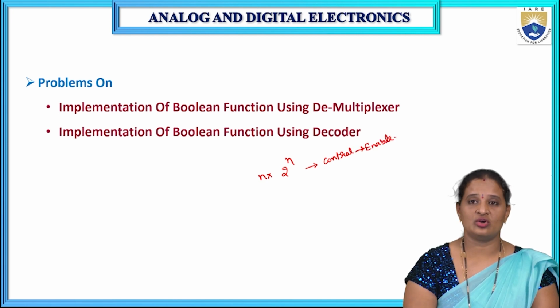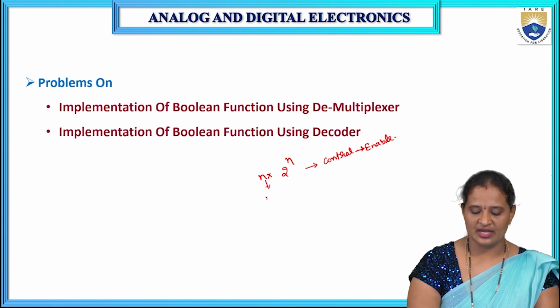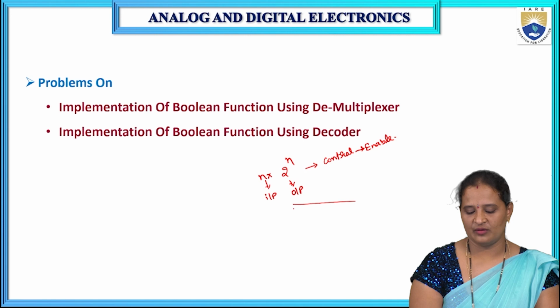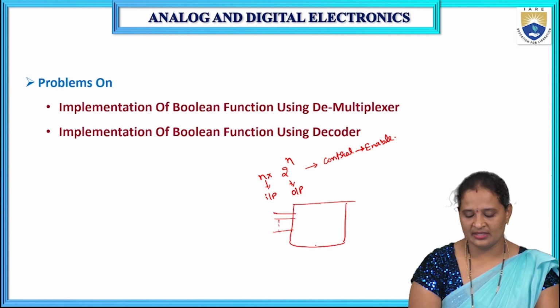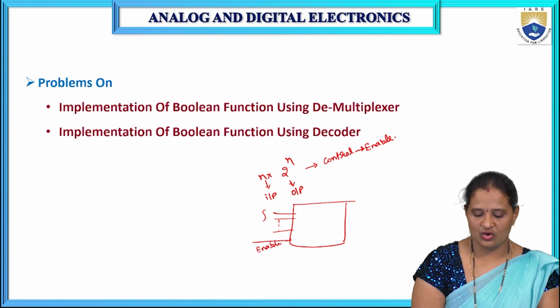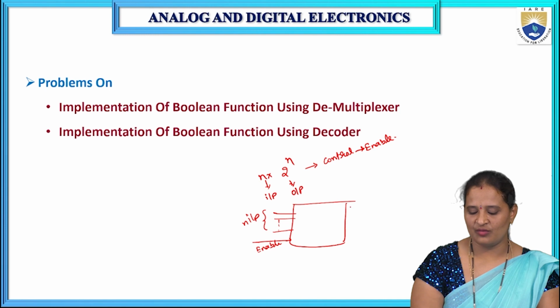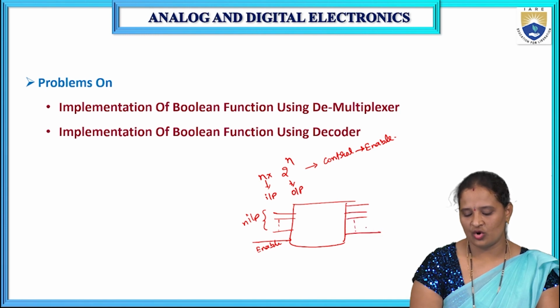Here n is the number of inputs and 2 power n is the number of outputs. In the block diagram, we have n input lines and one enable input, and 2 power n output lines.